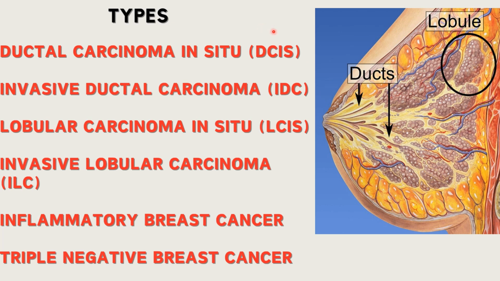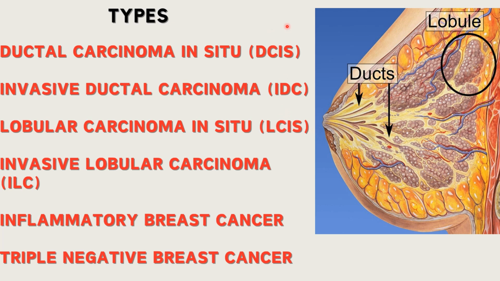However, when there is disruption of the basement membrane layer of the ducts and the abnormal cells spill out of the duct, it is transformed into invasive ductal carcinoma, that is IDC. So when the abnormal growth is only inside these ducts, it is called ductal carcinoma in situ. And when it spills and spreads to the other parts of the breast, it is called invasive ductal carcinoma.